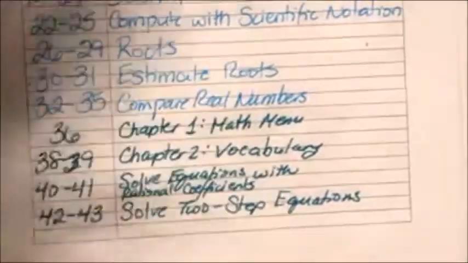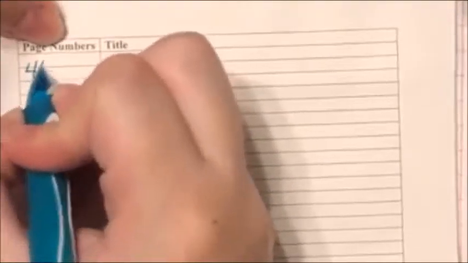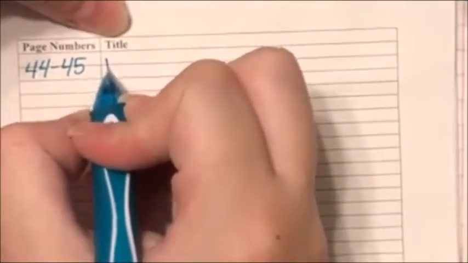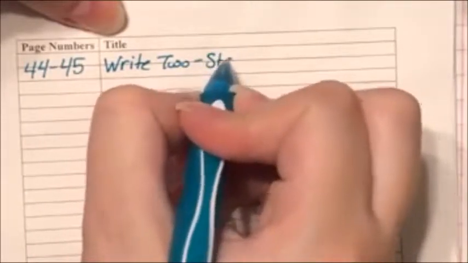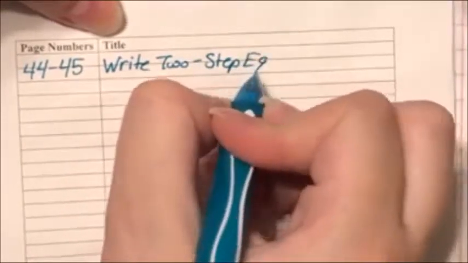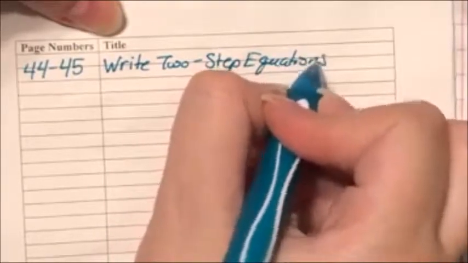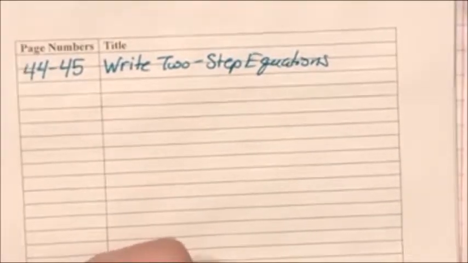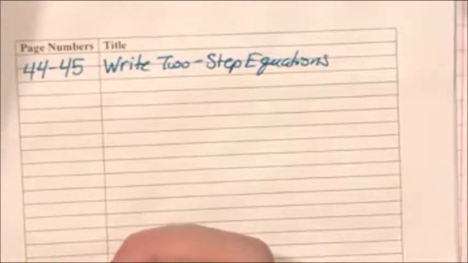If you still have room, you can keep writing on this page. 44 through 45 was write two-step equations. 44 through 45 was write two-step equations.